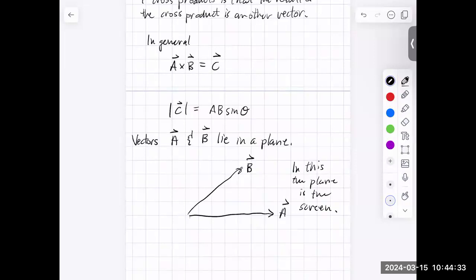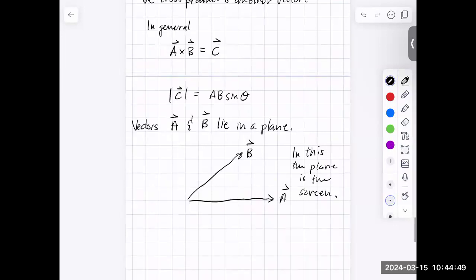Now, perpendicular to that plane, I could have it coming out of the screen, or I could have it going into the screen. So all we need to do is to determine whether C is pointing into or out of the plane that A and B lie in.